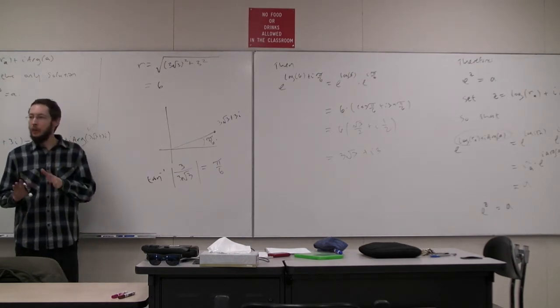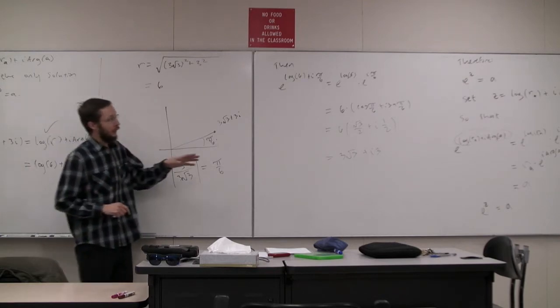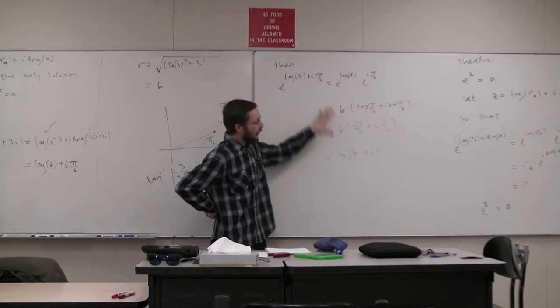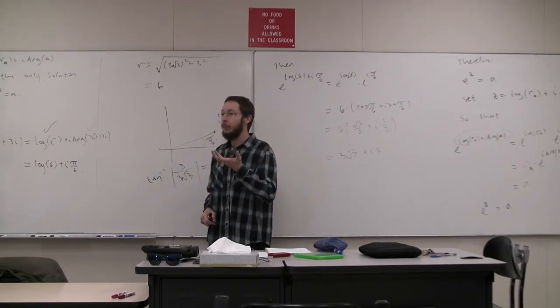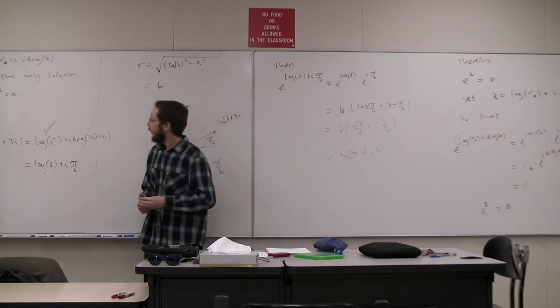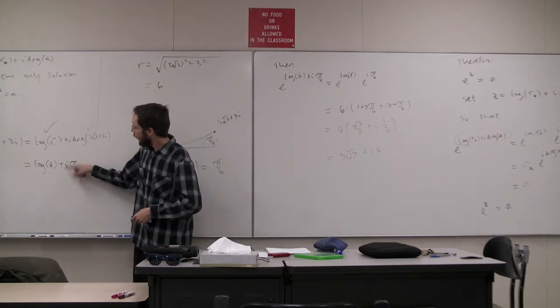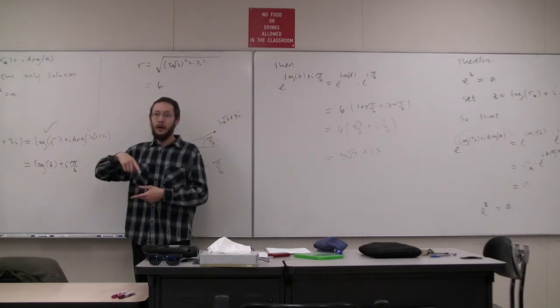And so this is all motivating the idea that we've only gotten one solution. We're hot on the trail. We've got one solution, but I keep talking about more possible solutions. The basic idea behind where these other solutions are going to come from is, suppose that we have i pi over 6. What if we add 2 pi to that?